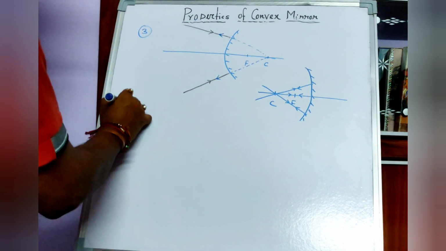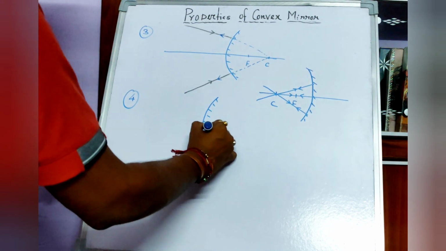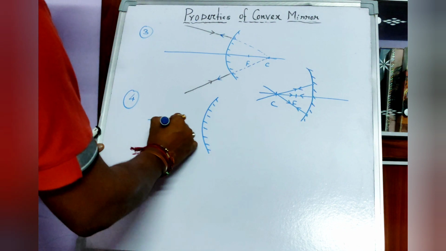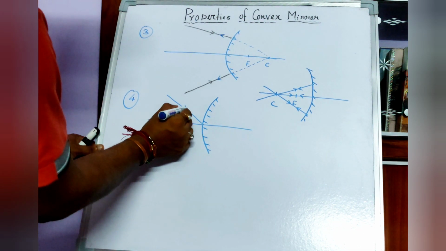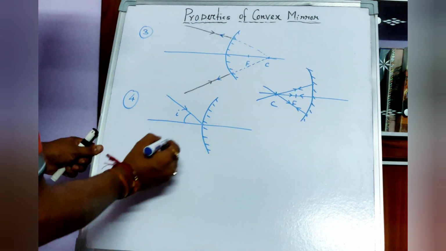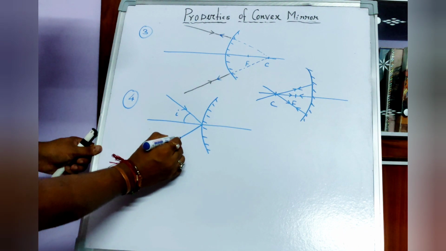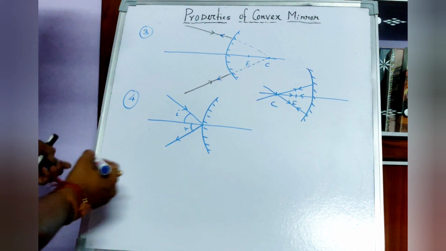Now the fourth property is that in case of a convex mirror, if any ray is falling at the pole with an angle, let's say angle of incidence I, it will be bounced back with the same angle, that is R, angle R, right?